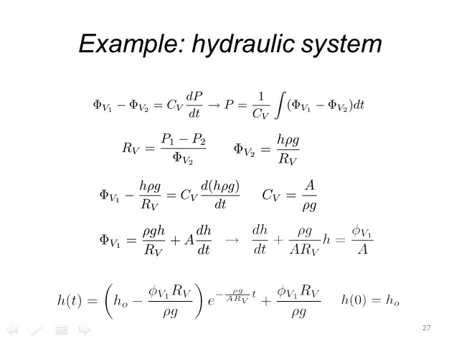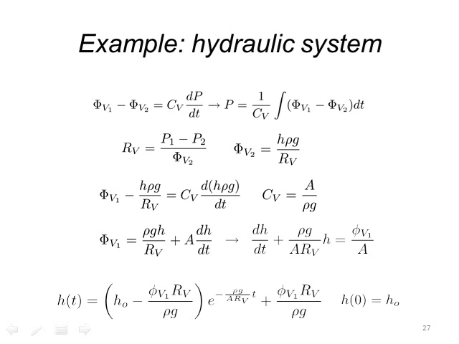The difference of the flow rates is going to be C_V dP/dt, and we can rearrange this for the pressure. For the resistance, we're going to use Ohm's law, which is delta P over phi sub V2. The pressure delta P is simply the pressure head due to the liquid in this container, which I said earlier is rho g h, density times gravitational acceleration times h.